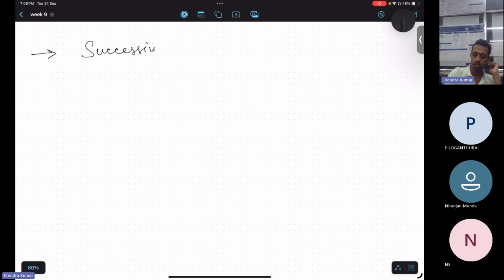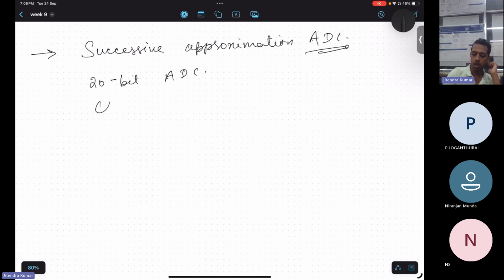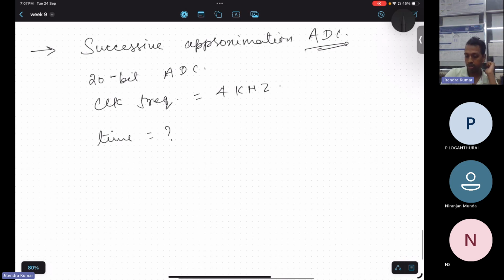Successive approximation ADC, 20 bit ADC. Clock frequency is equal to 4 kilohertz. Now how much time will be required to convert an input voltage?